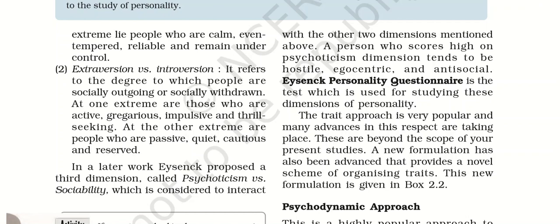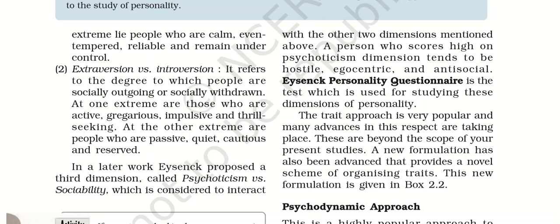In later work, Eysenck proposed a third dimension called psychoticism versus sociability, which was considered to interact with the other two dimensions mentioned above.